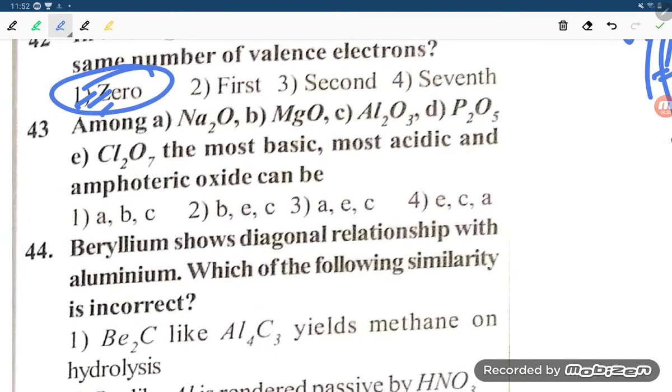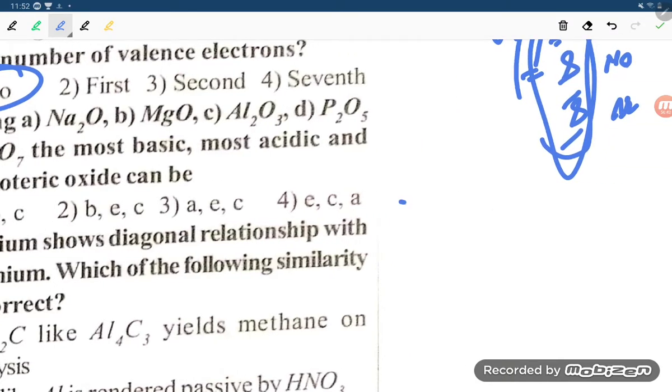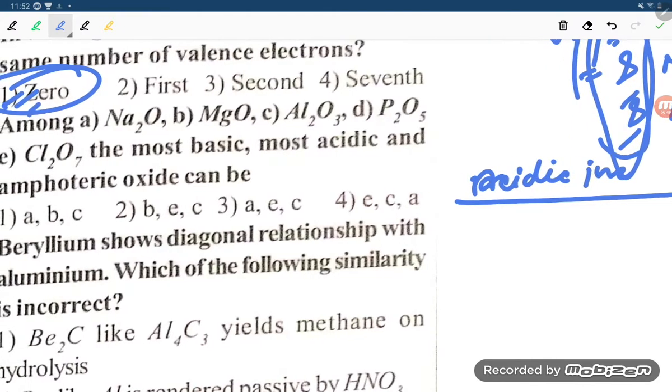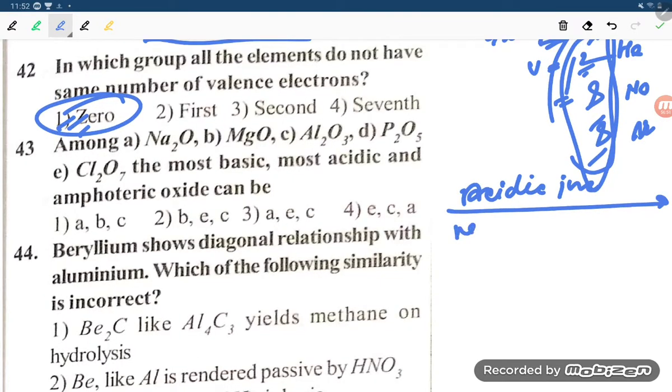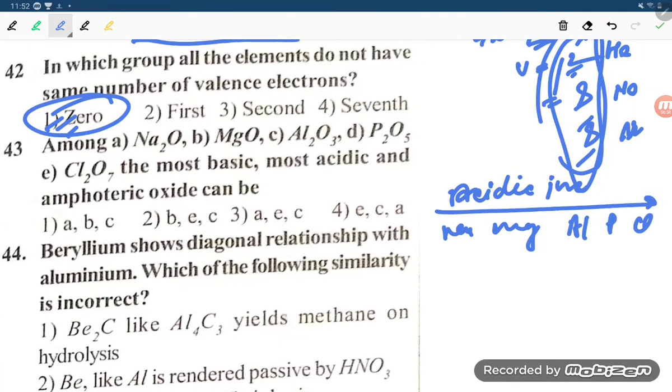Next one: among Na2O, MgO, Al2O3, P2O5, Cl2O7, the most basic, most acidic, most amphoteric oxide, right? So left to right, acidic character increases. You see, that is sodium, then magnesium, then aluminum, then phosphorus, and then chlorine. This side is acidic, and this side is basic.